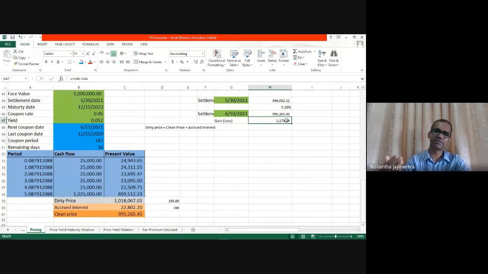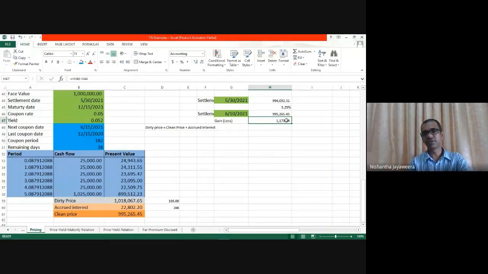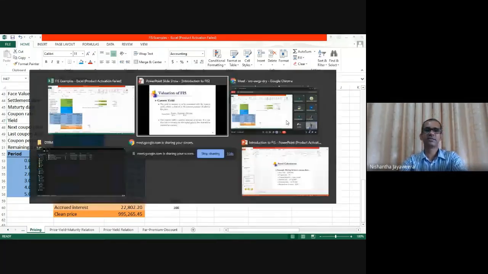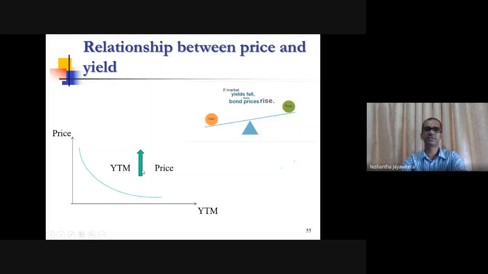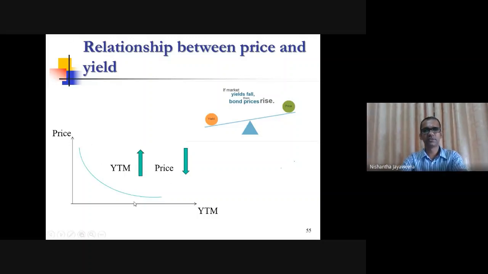But that can happen even in between two different dates. However, when you consider two different dates, you have to think about the time effect as well as the yield effect. Generally, when we say yield goes up, price goes down, this relationship, we assume the same date. But this is true even for a very short time period.